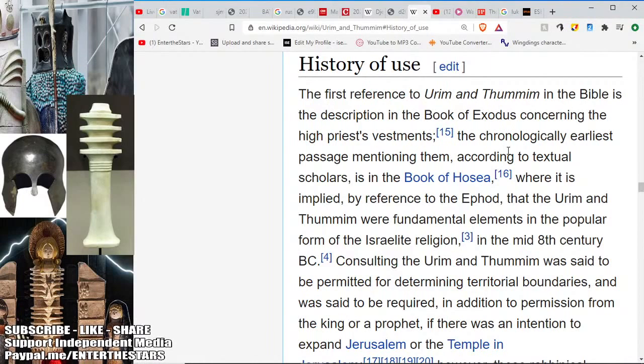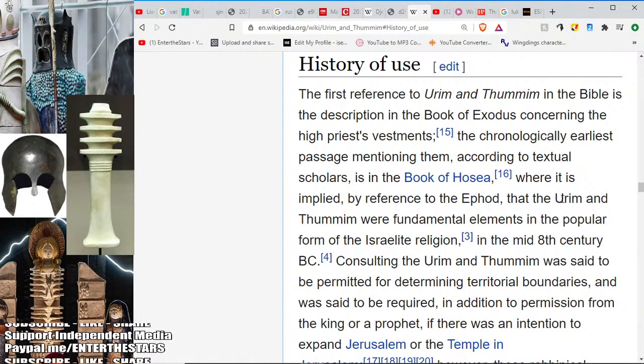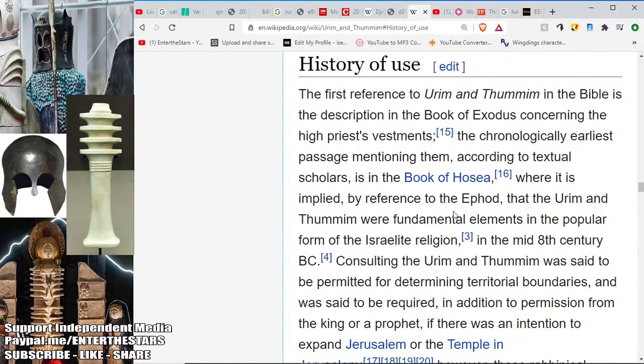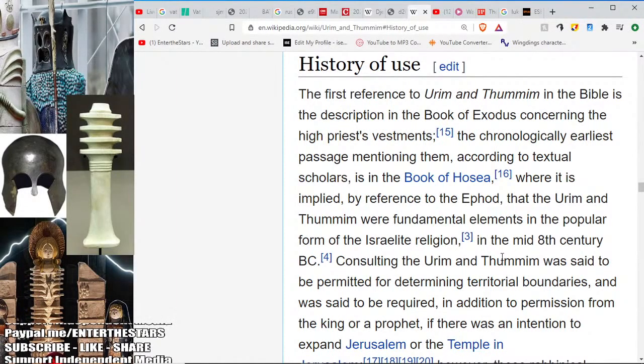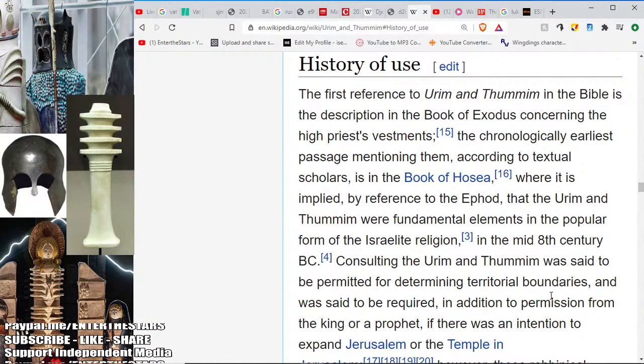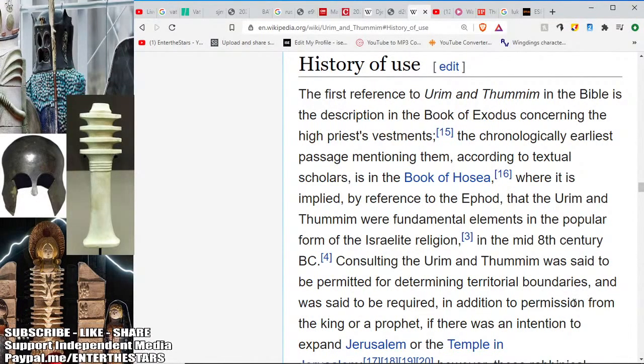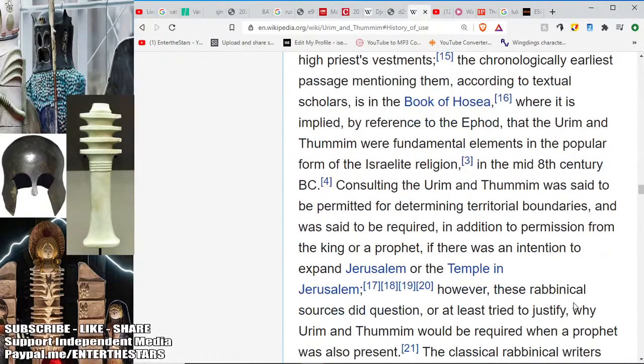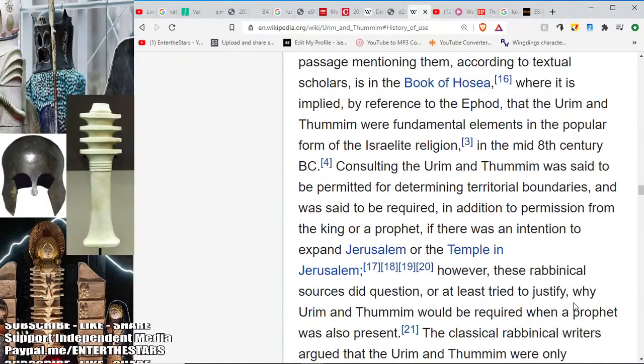The chronologically earliest passages mentioning them, according to textual scholars, is in the book of Hosea, where it implies by reference to the ephod that the Urim and Thummim were fundamental elements in the popular form of the Israelite religion. Consulting the Urim and Thummim was said to be permitted for determining territorial boundaries, and was said to be required in addition to permission from the king or prophet.